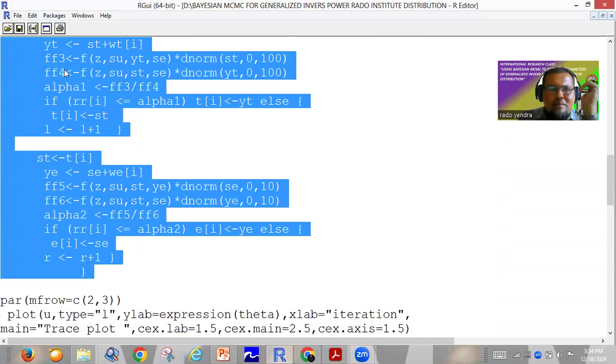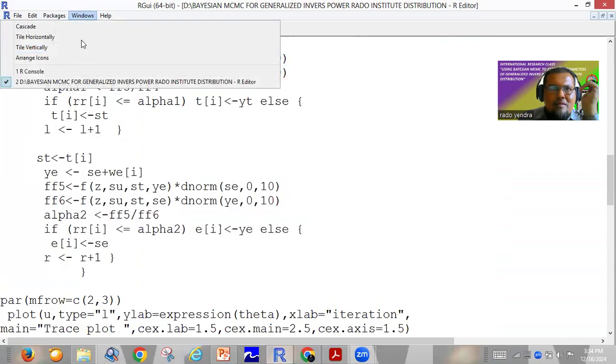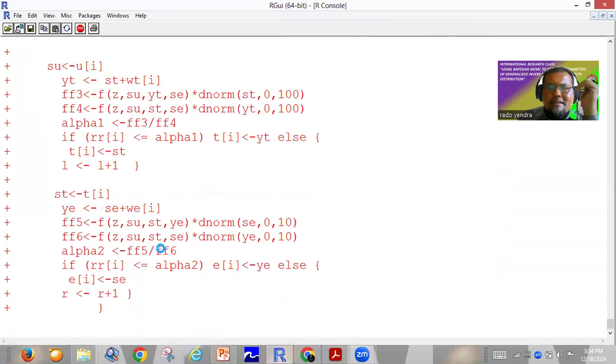We run our program. This run takes some time, I think, because we are running 10,000 times. Of course, the program will need maybe around 5 or 10 minutes.